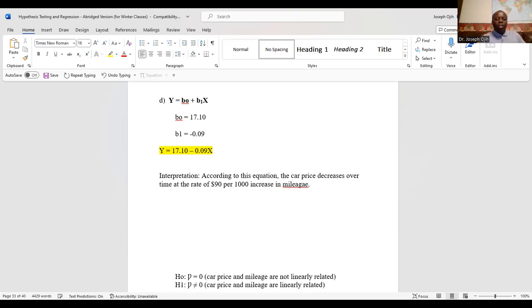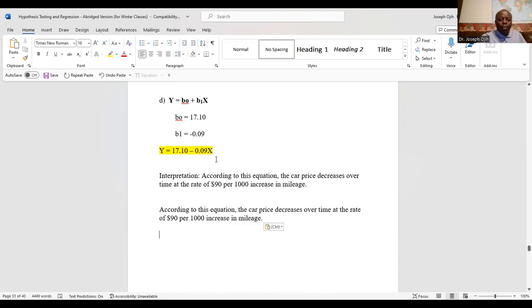Now, Ms. Kujo, suppose that you don't want to change it to the actual increase. Then you can write this. Let me show you how it sounds. The car price, this is basically 9 cents, decreases over time at the rate of 9 cents for each increase in mileage.